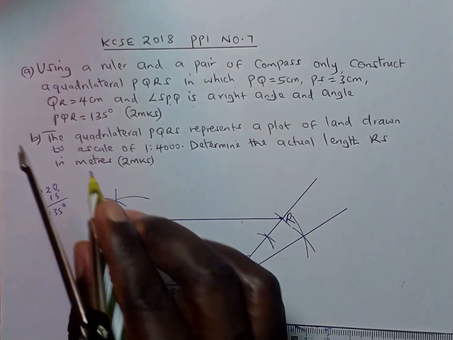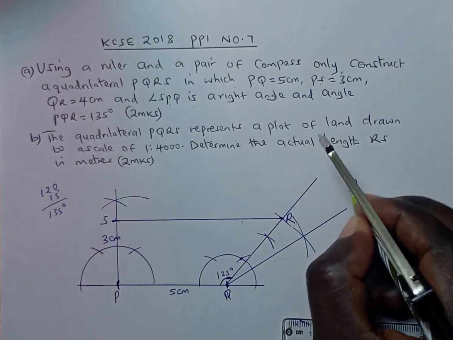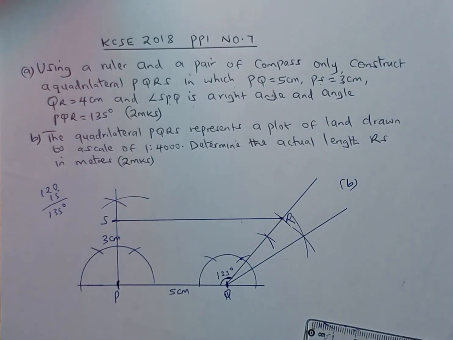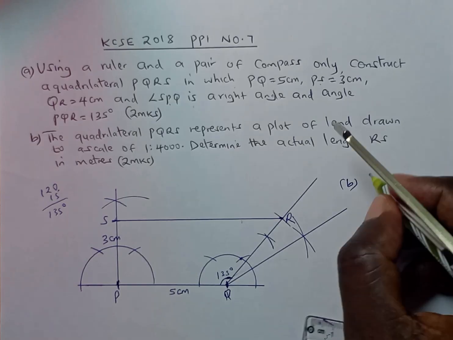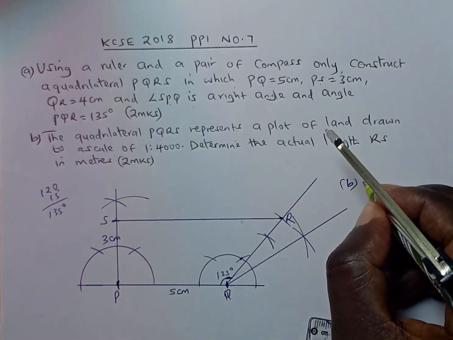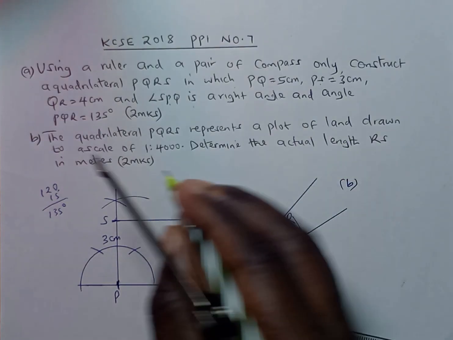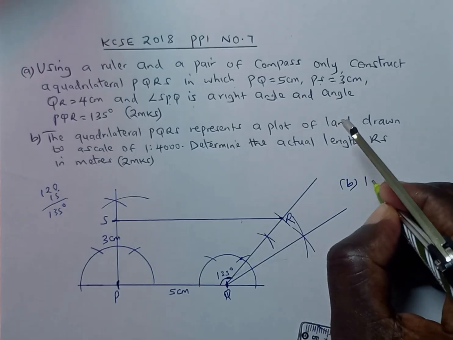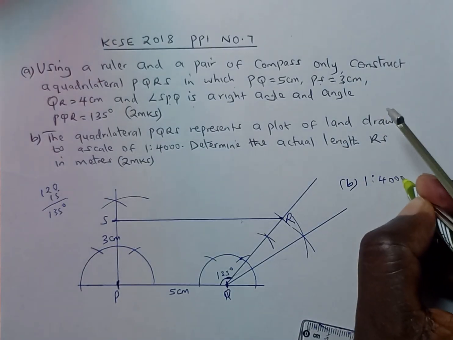We have been told that part B, the quadrilateral PQRS represents a plot of land drawn to a scale of 1 to 4,000 centimeters. Determine the actual length RS in meters. So what we are going to do is try to come up with this scale, 1 to 4,000.